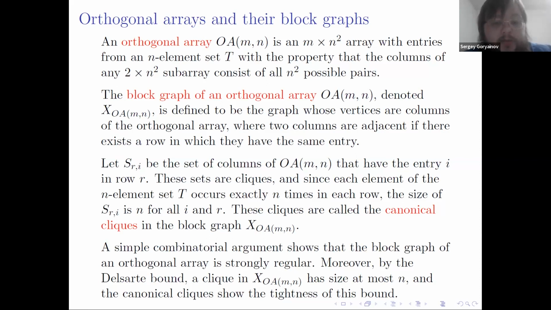A simple combinatorial argument shows that the block graph of an orthogonal array is strongly regular. Moreover, by the clique bound, a clique in a graph X_OA(m,n) has size at most n, and the canonical cliques show the tightness of this bound.